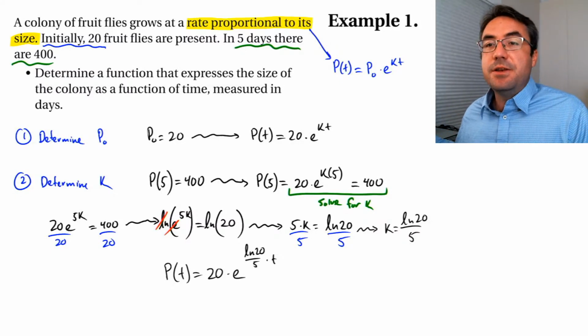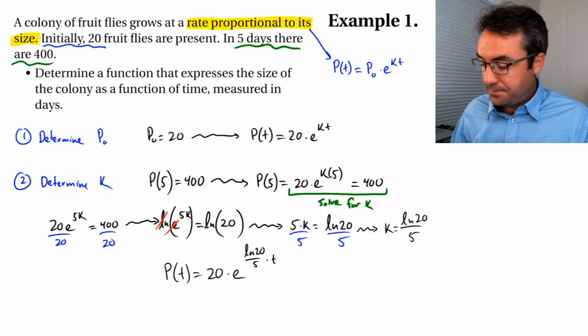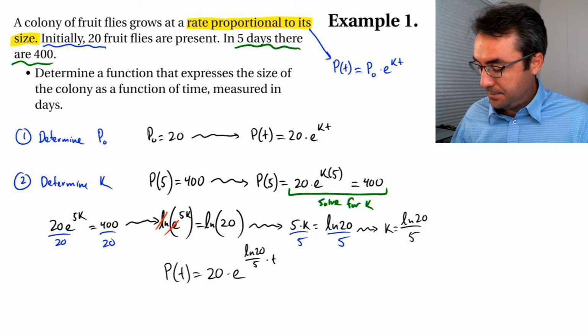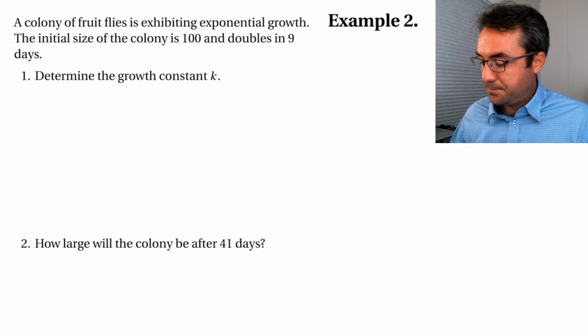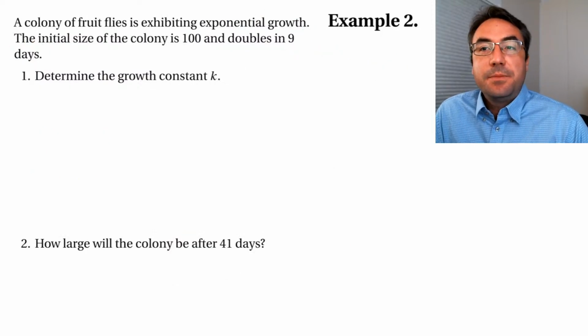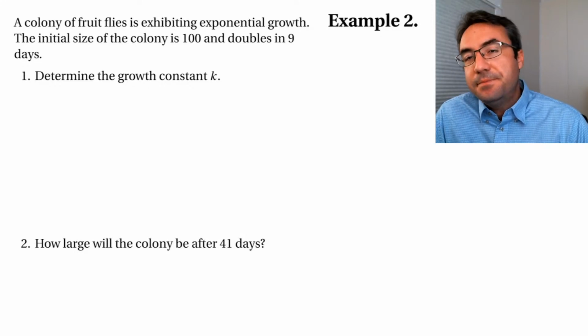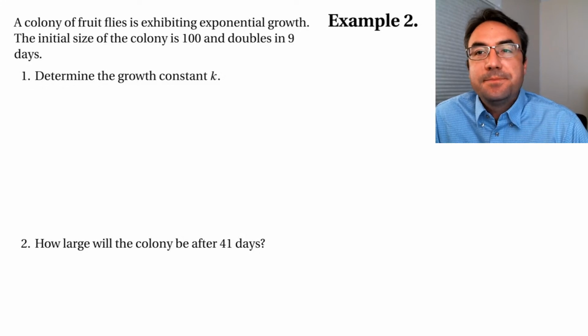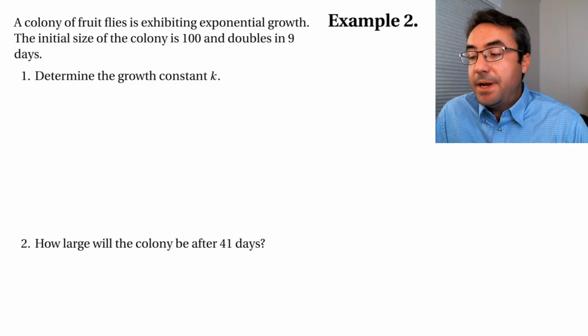All right, let's try another example like that. We're just going to be given a little bit different information here. Let's say we're looking at a colony of fruit flies, and it's exhibiting exponential growth.